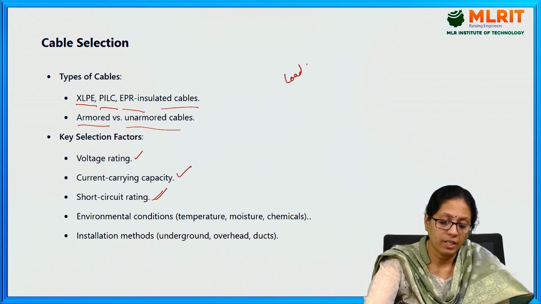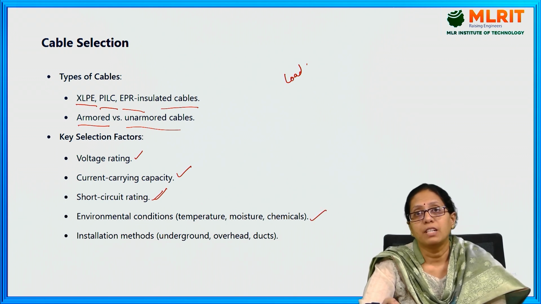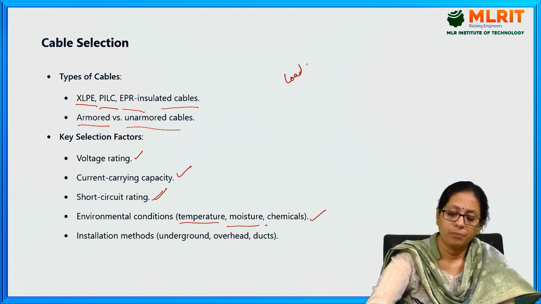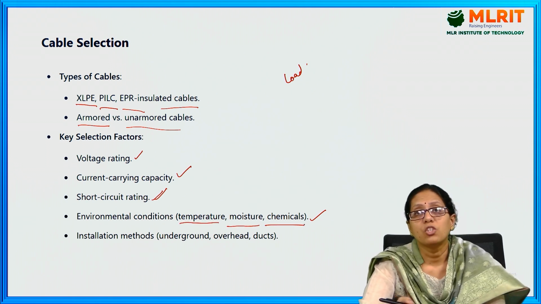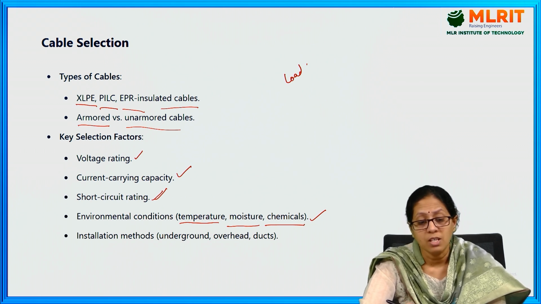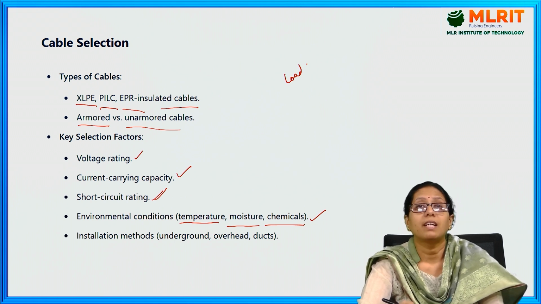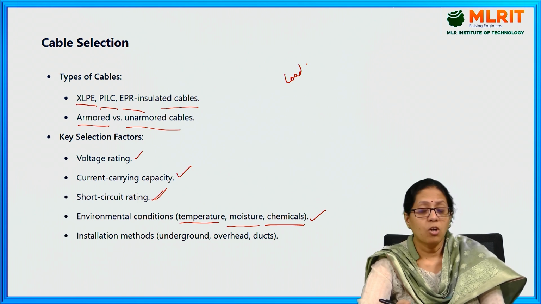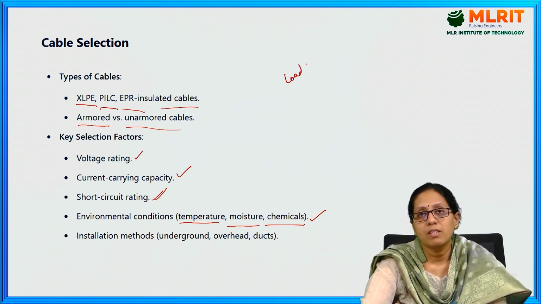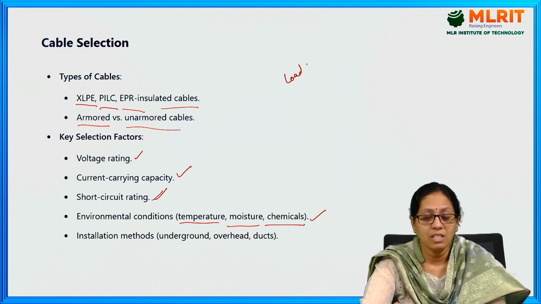The fourth one is environmental conditions, that is temperature, moisture or different types of chemicals. So based on these environmental conditions, we should decide the type of the cable, because if the temperature increases and the cable gets melted, there is no use of connecting that particular cable.